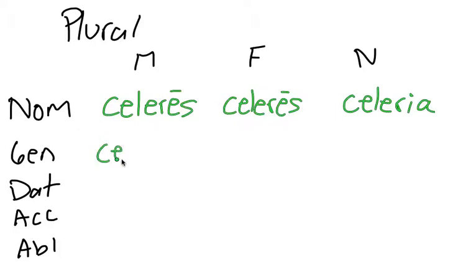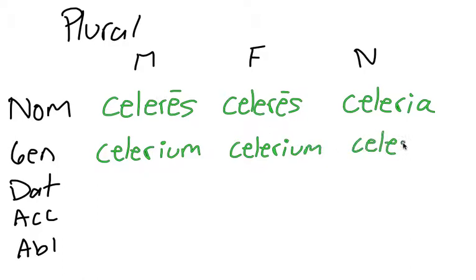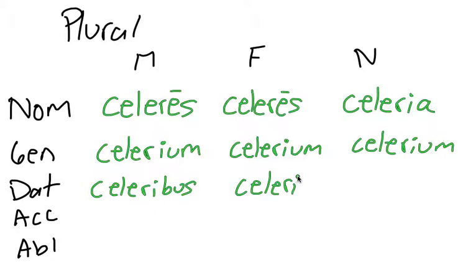Okay, genitive, celerium. So we have an IUM in the genitive plural, just like I stems. Celerium, celerium. Okay, dative is celeribus, celeribus, and celeribus.